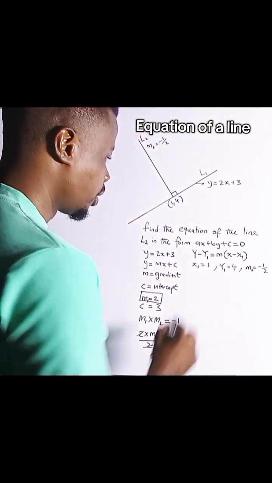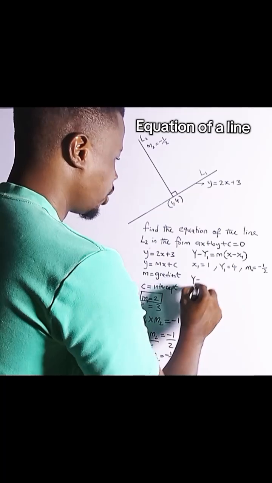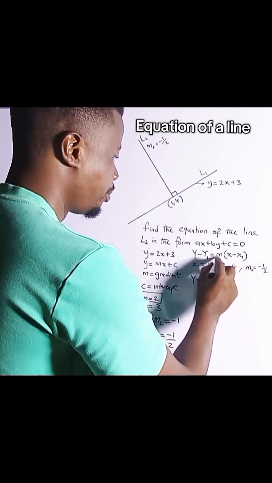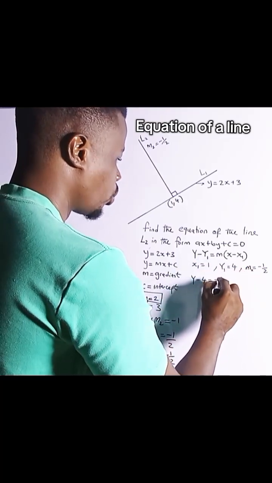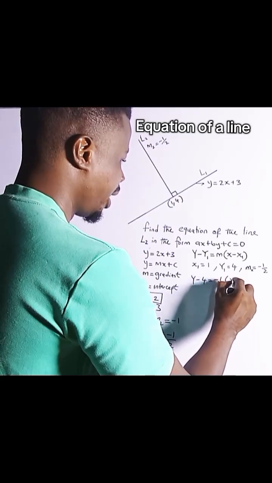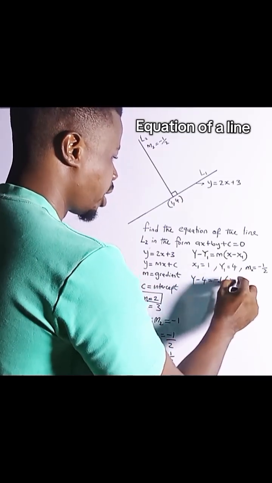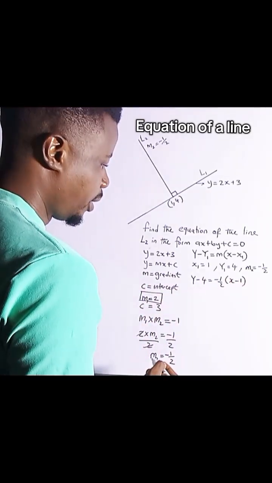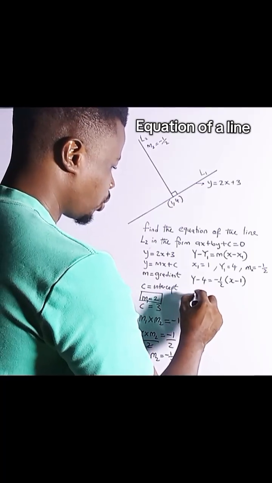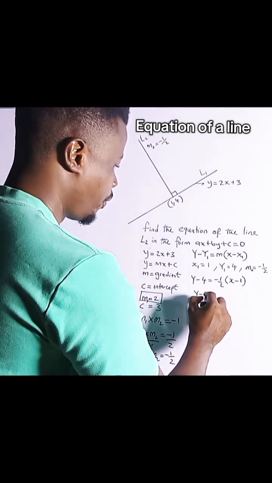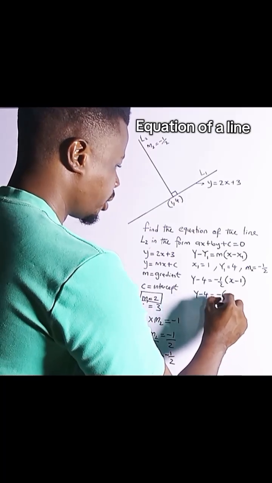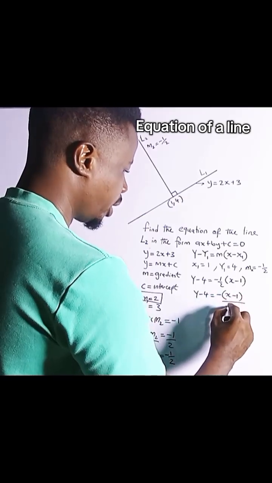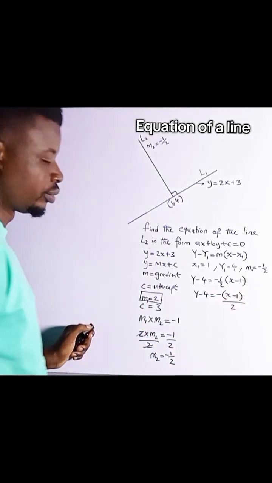So now you can use this equation. It becomes y minus y1, which is 4, equals m, which is your m2, -1/2, times (x minus x1, which is 1). So you can simplify. This can be written as y minus 4 equals -1 times (x minus 1) all over 2.